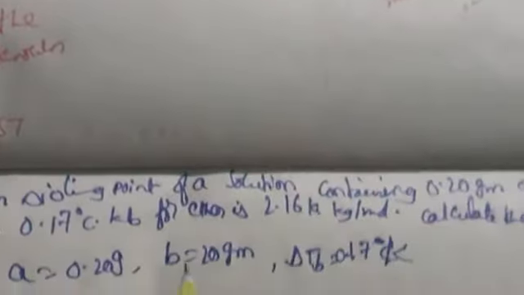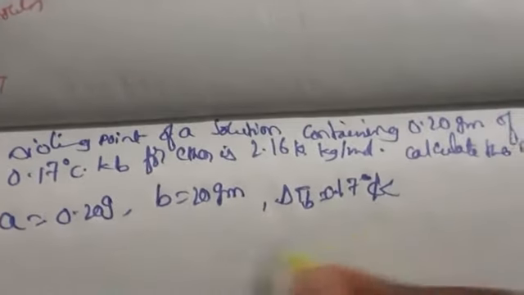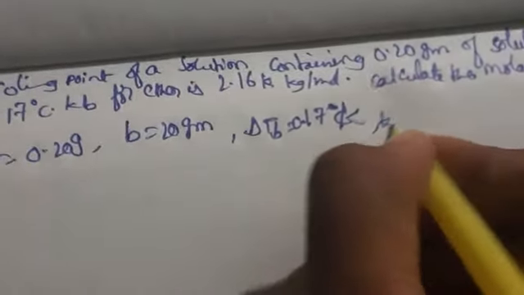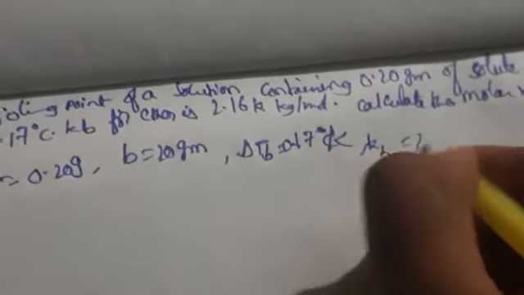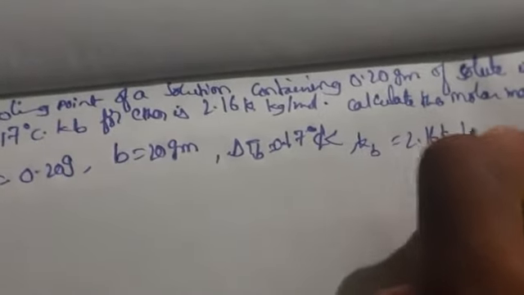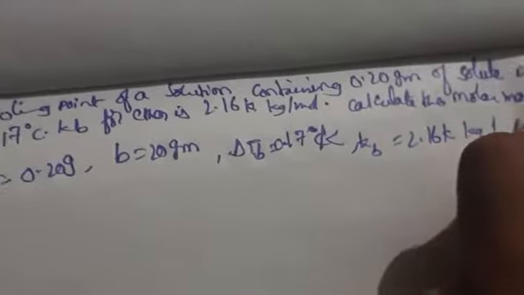And here Kb is equal to 2.16 kg per mole. So now what we have to find? The molar mass of the solute.